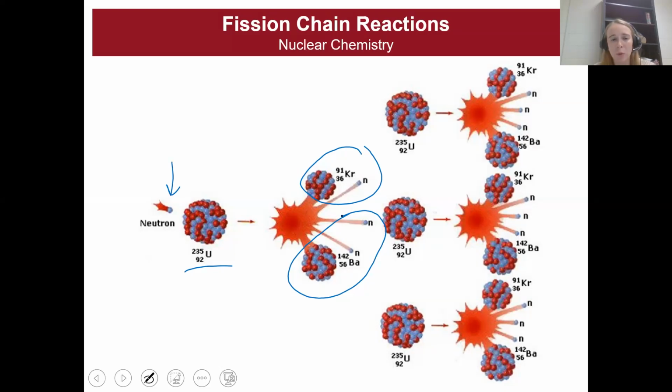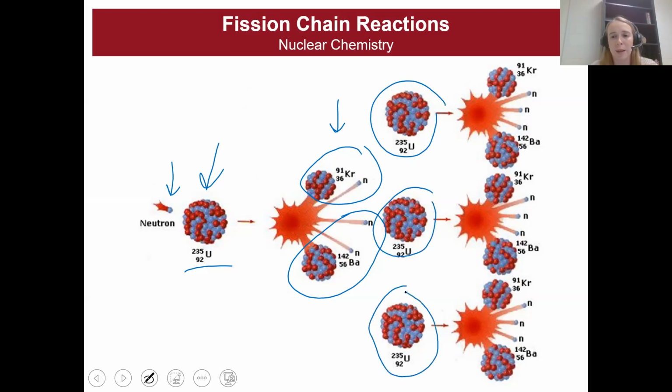And then it keeps going, because you'll probably have more than one atom of uranium in your sample. So if you hit one atom of uranium with a neutron and you get one atom, in this case of krypton and barium, then neutrons are released in that reaction, which cause a chain reaction by hitting more atoms of uranium and making more atoms of krypton and barium. So this is what we call a chain reaction or fission reactions.